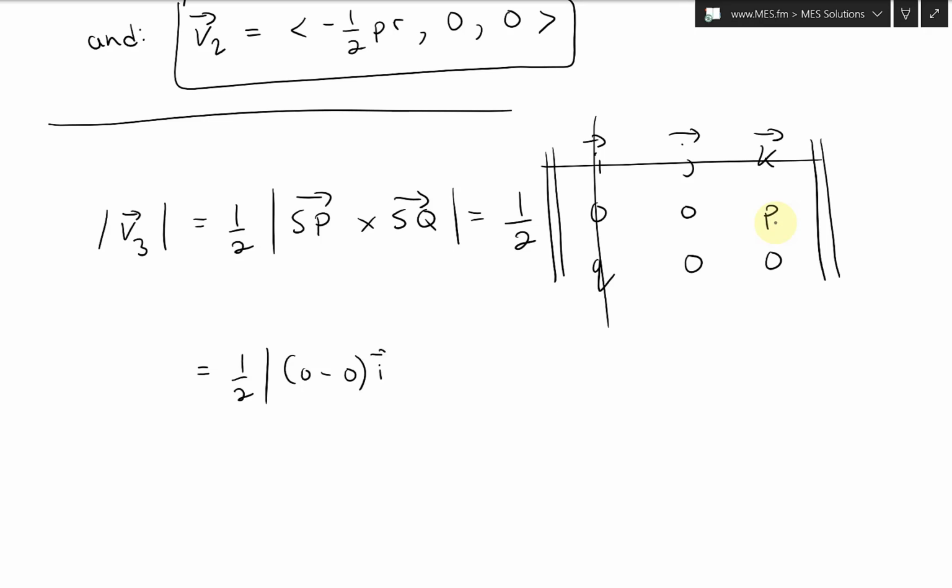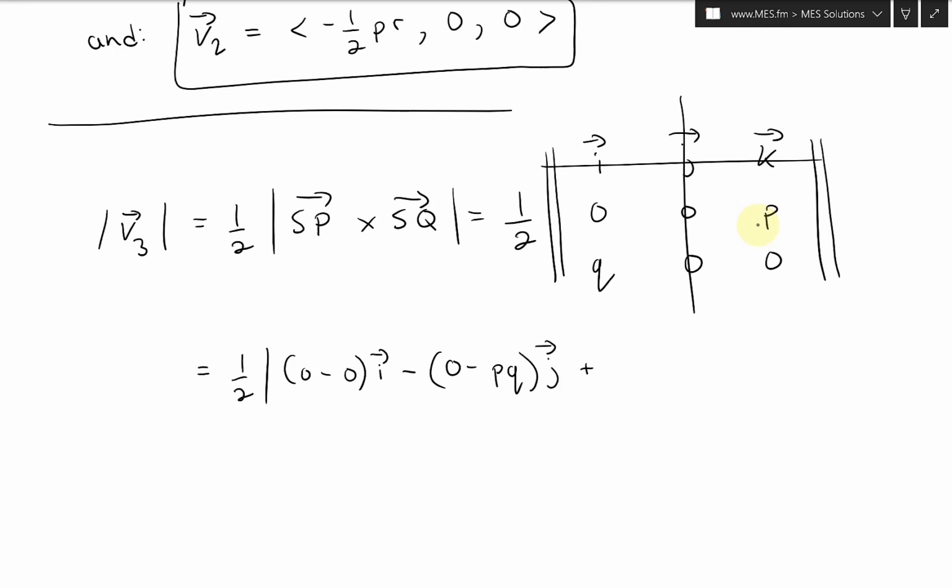Block out I, and then minus, and then erase this one here. So 0 times 0, and then minus P times Q. 0 minus PQ, like that. And then this is going to be J. And the next one is, let's block this out, like this.